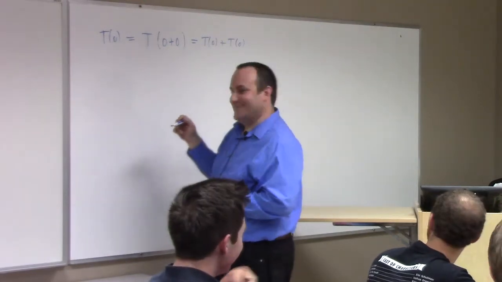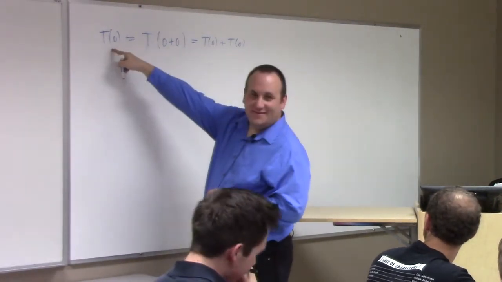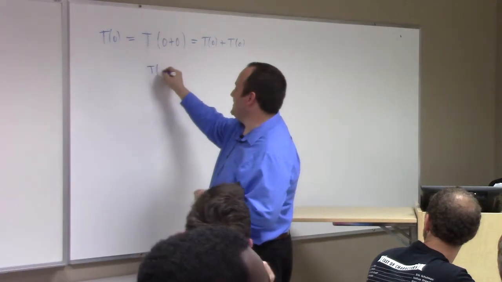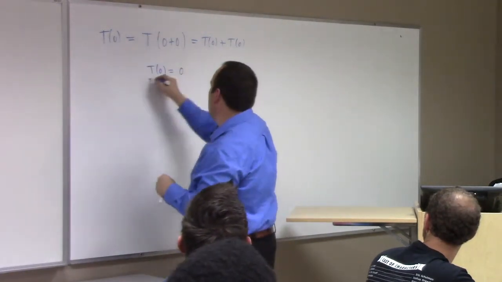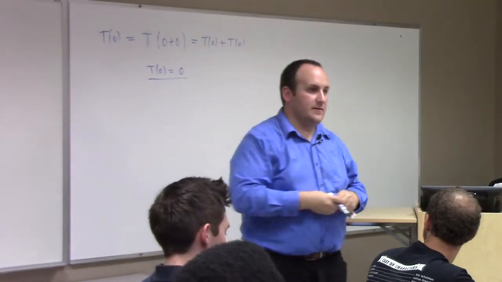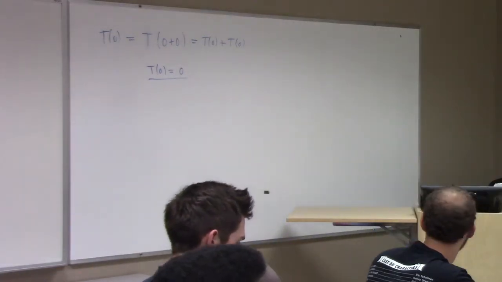So this says what? T of 0 is? Subtract from both sides, right? T of 0 has to be 0. So a linear transformation maps 0 to 0. Okay?